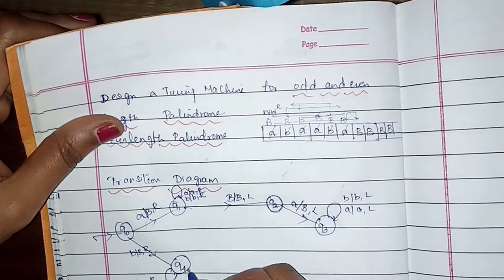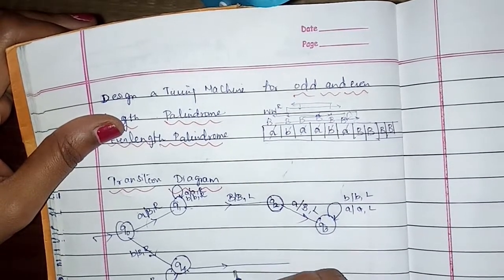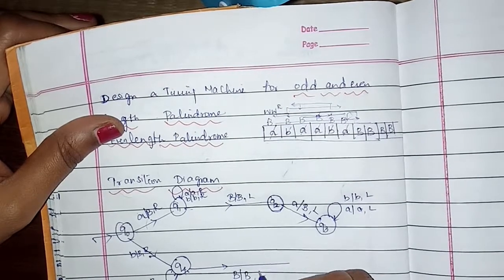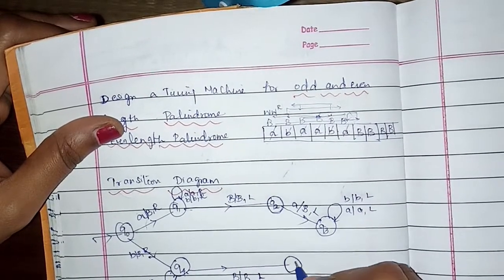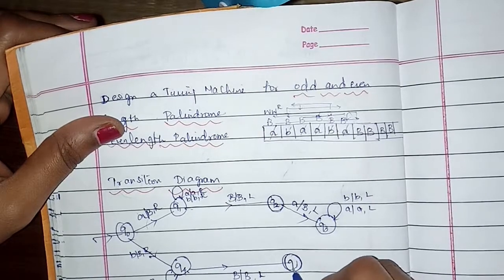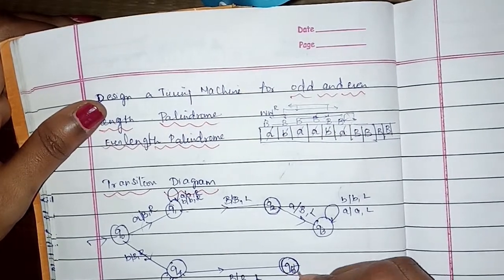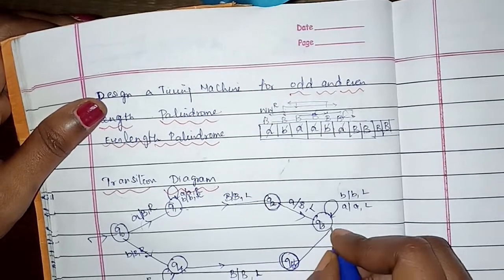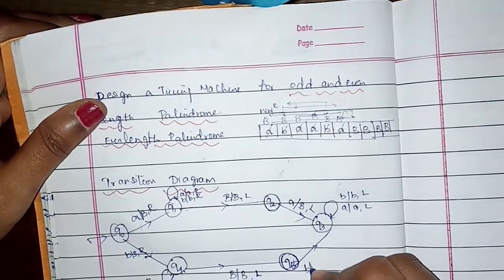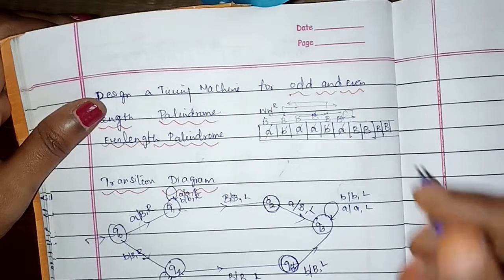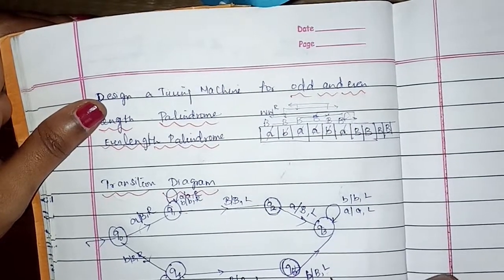When a blank symbol arrives, it goes to the left direction and we have this Q5. And again, when a particular B has come, it has to be changed.